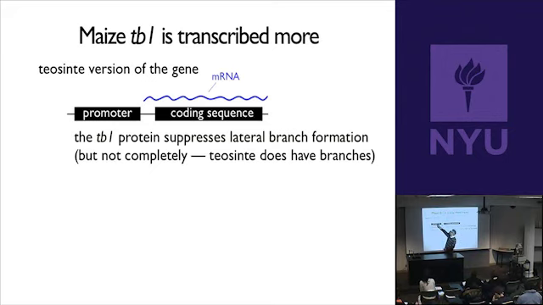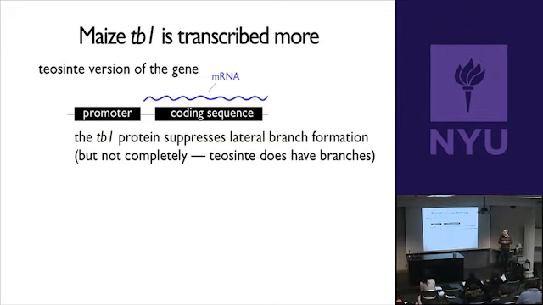And this protein, when it's translated, suppresses the formation of lateral branches. But because its activity is so low, teosinte plants actually have branches. They have multiple stalks growing up from the ground.